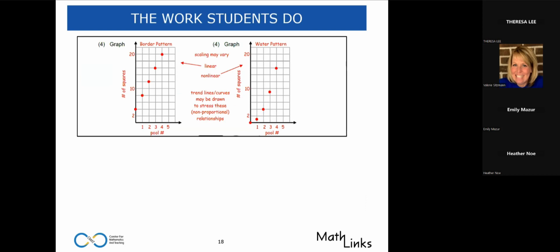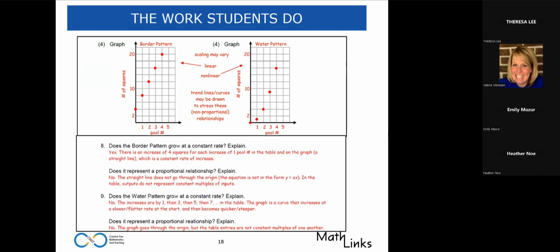The answer key that you see here shows some of the work that students will do, and some follow-up questions guide students to write and interpret equations. Notice that these questions reinforce constant rate and proportional relationships.